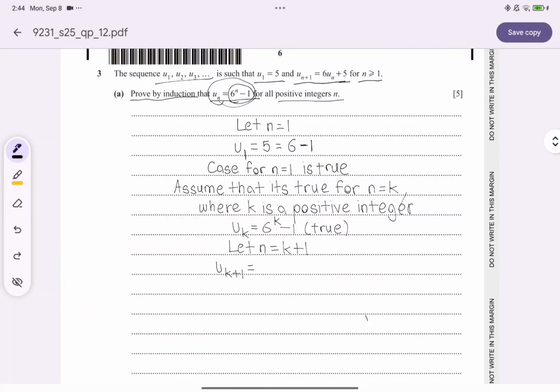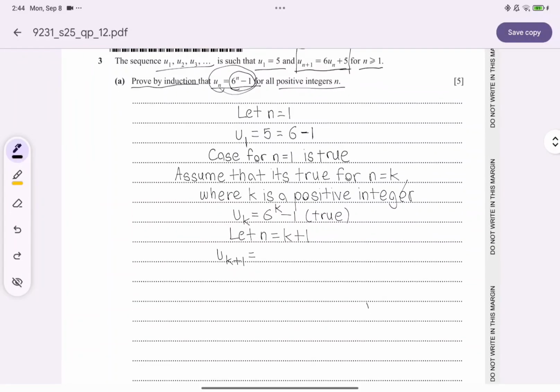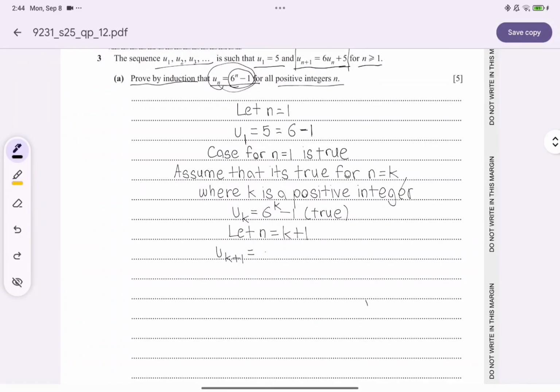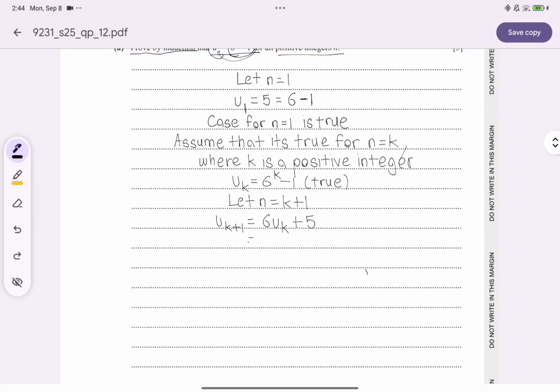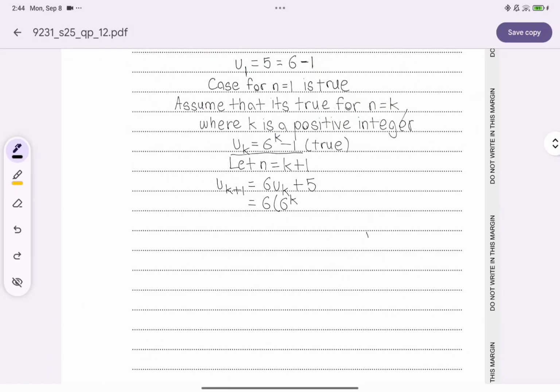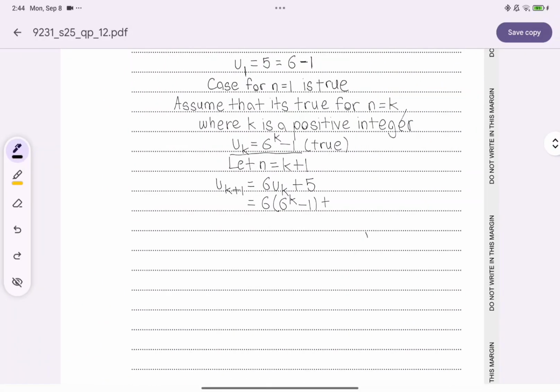Okay, so here, as we can see, we are told that u_{n+1} equals 6u_n plus 5. So this would be 6 times u_k plus 5. And now we also assume that this is true. So let's use this result: 6 times (6^k minus 1) plus 5.